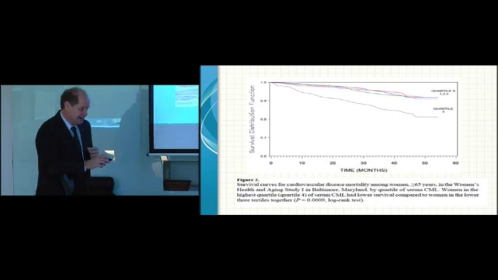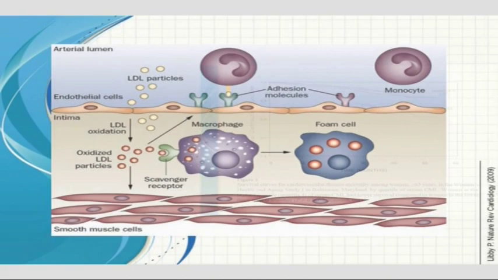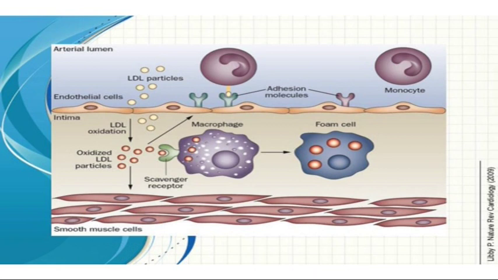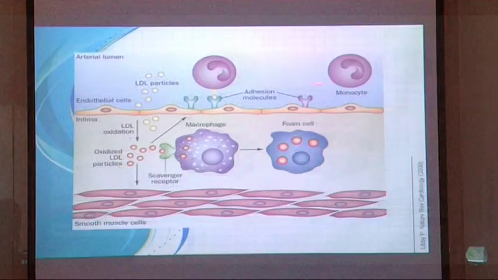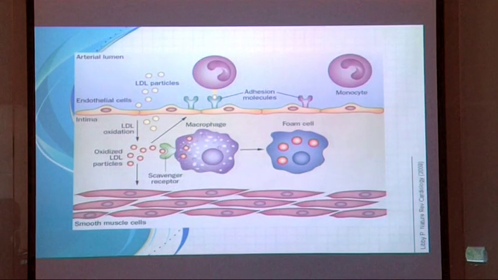So what really happens is that these low-density lipid particles can enter the vessel wall. You see, this depicts an artery. Here's the lumen, the cells floating.